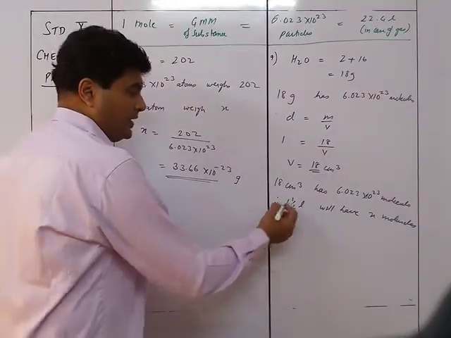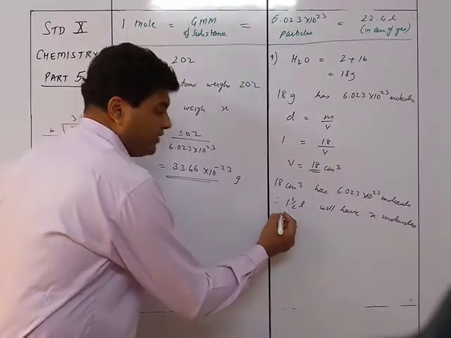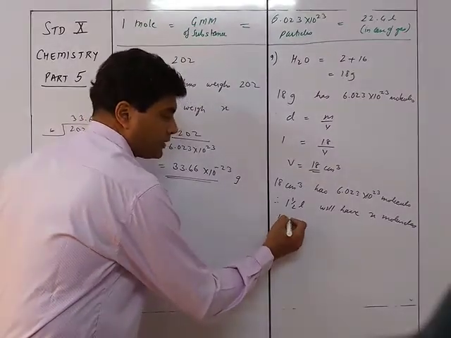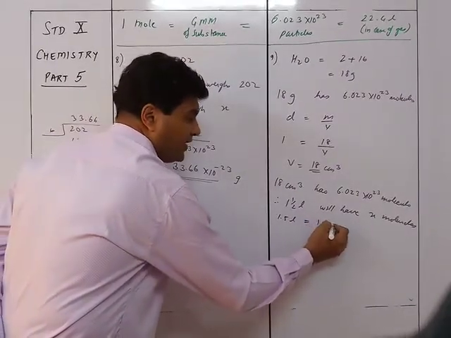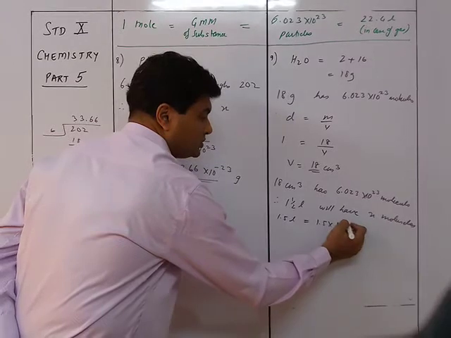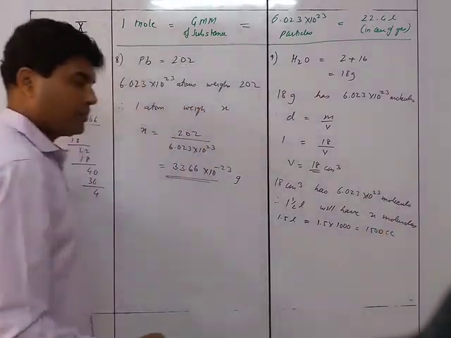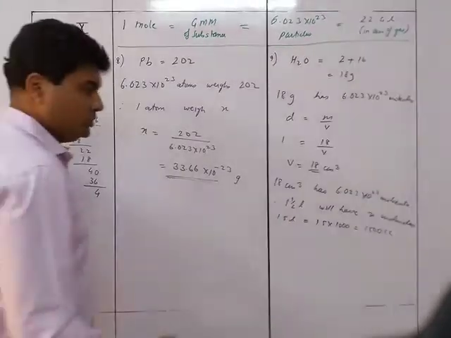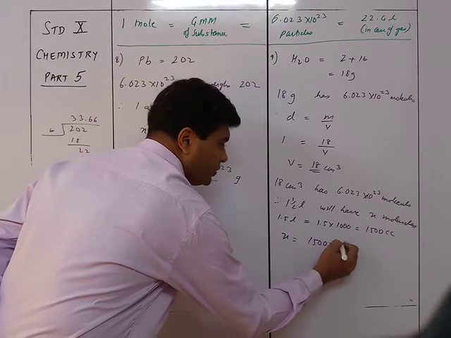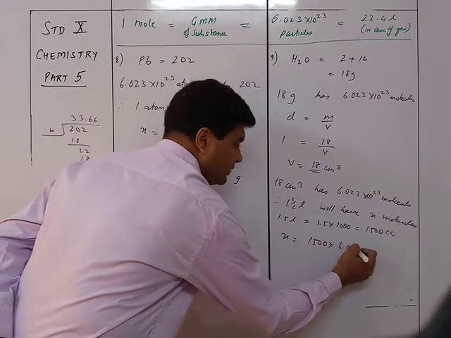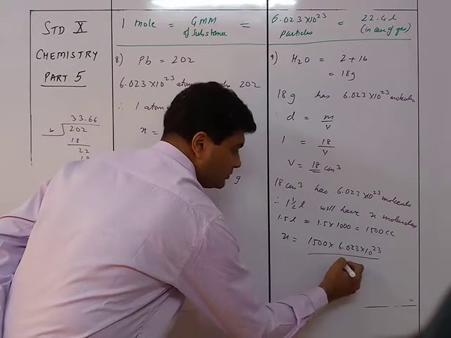So 1.5 liter is equal to 1.5 into 1000, which is equal to 1500 cc. So therefore X will be equal to 1500 into 6.023 into 10 raised to 23 upon 18.